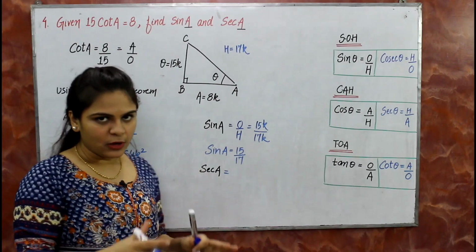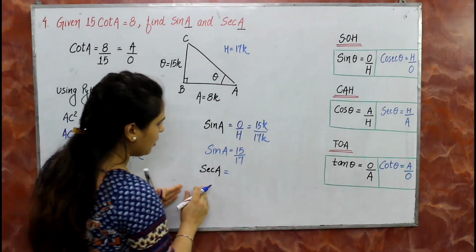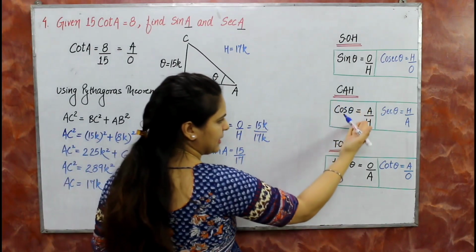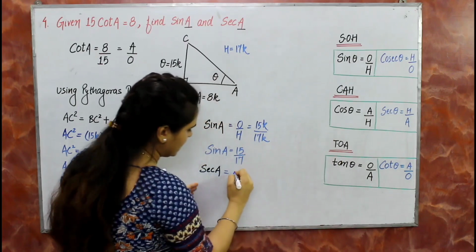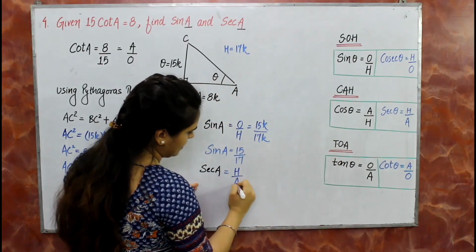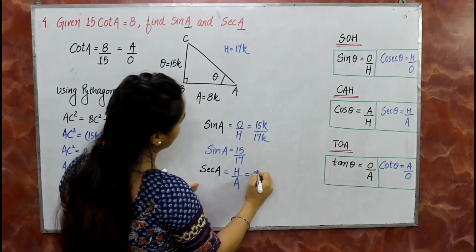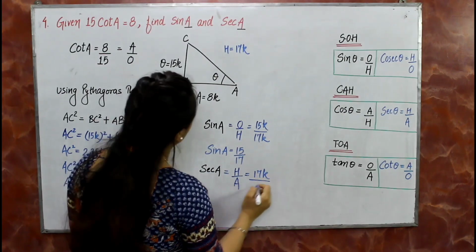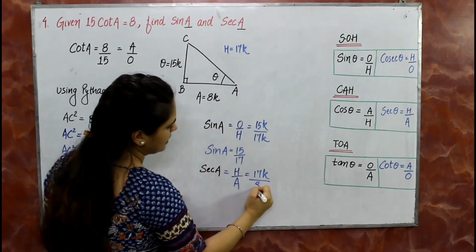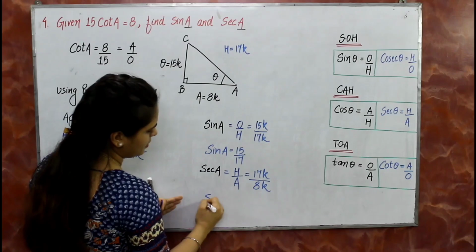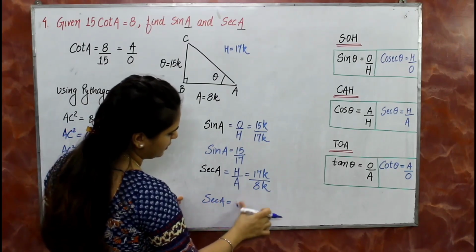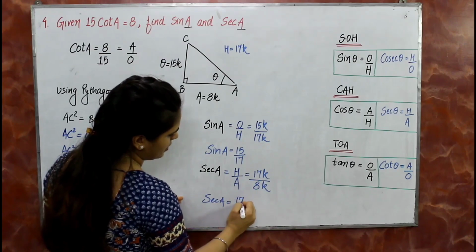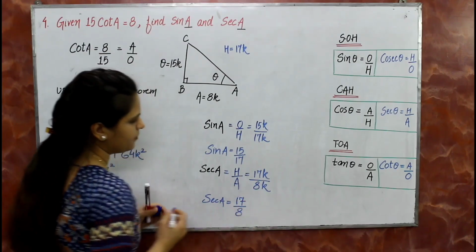Secant A is reciprocal of cos A, and the formula of cos A is A upon H. That means the reciprocal of A upon H is H upon A. Now hypotenuse 17K and adjacent is 8K. Sec A is equals to 17 upon 8.